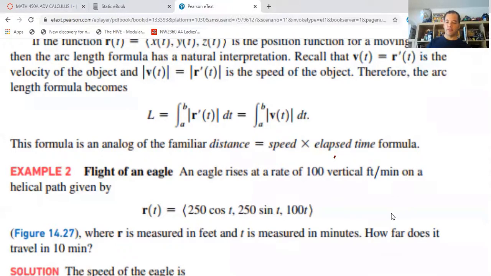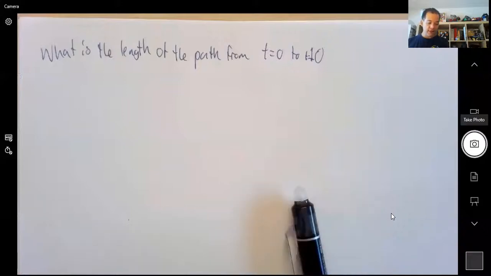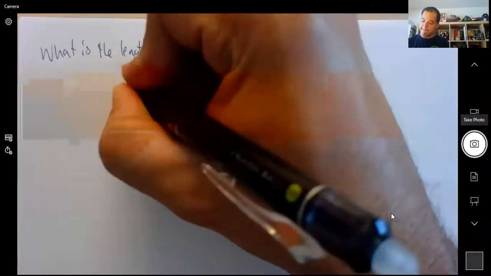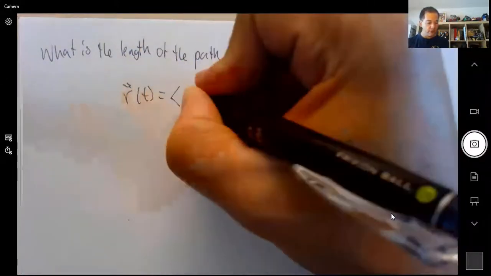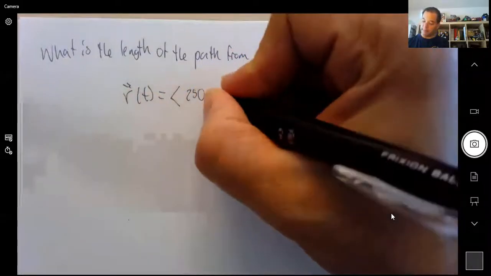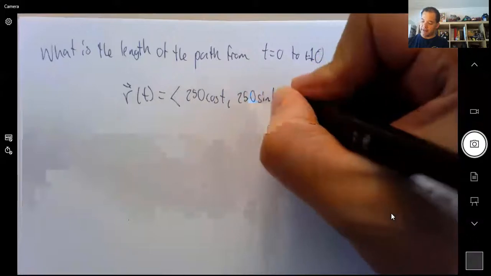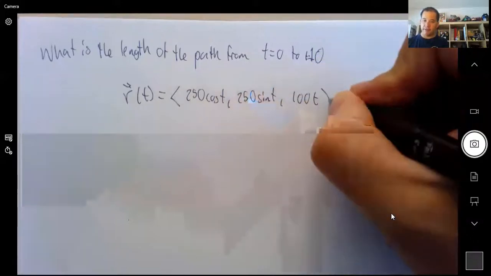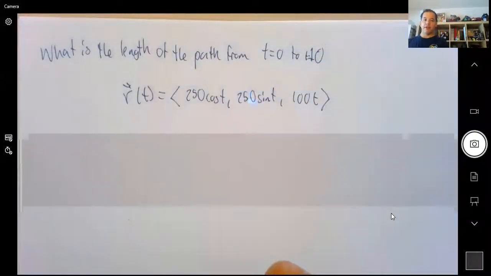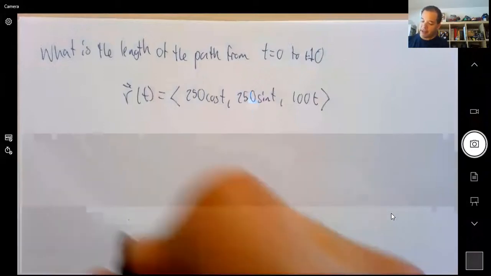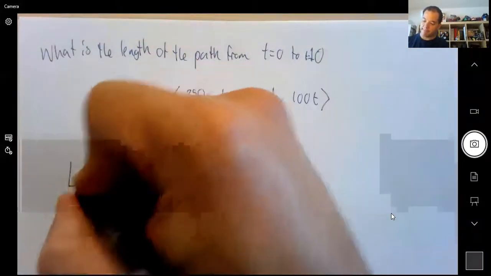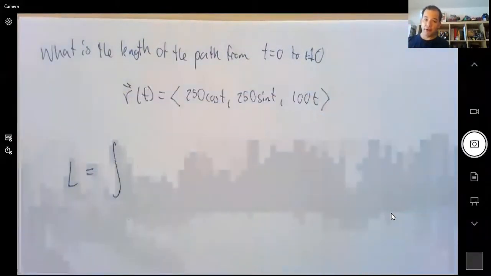Let's do it. So this is the question we want to answer. And here they are: 250 cosine, 250 sine, 100t. Now, just like we said, how do we do the length? It's going to be an integral. From where to where?